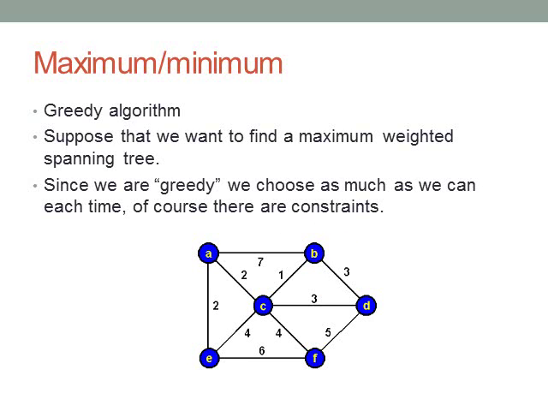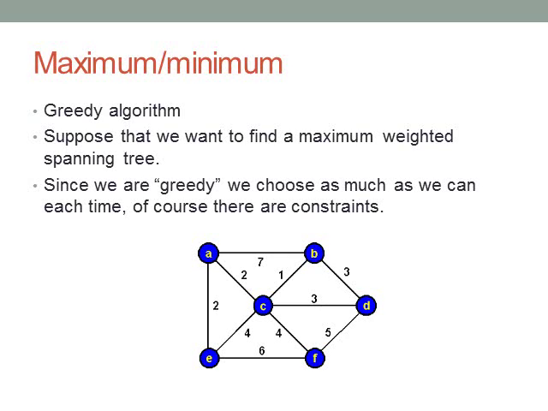The term greedy comes from the fact that at each step, we're going to choose as much as we can. Since we're seeking a maximum weighted spanning tree, we're going to choose the heaviest edge that we can, because a spanning tree is a subgraph. Since it's a tree, it's connected and it has no cycles.